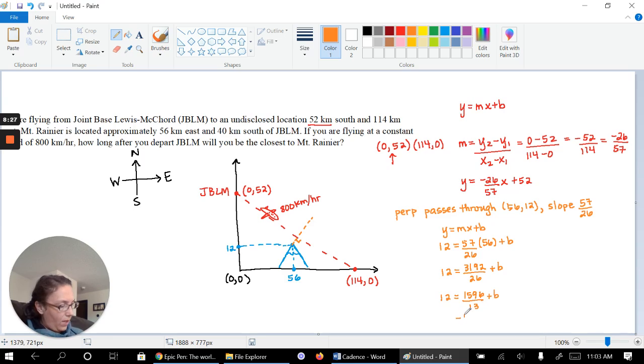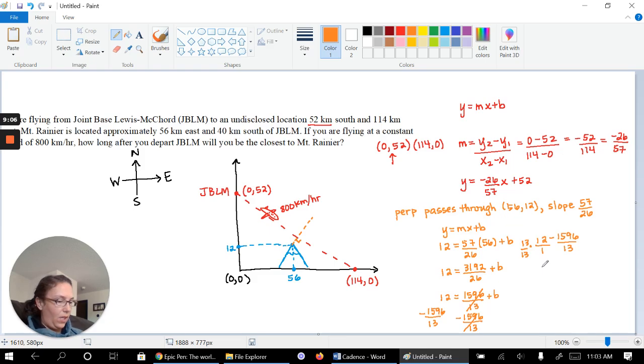And then we would subtract that fraction from both sides of the equation. So subtracting 1596 over 13. Okay, so we have that b is equal to 12 minus 1596 over 13. So over here I'm going to write that down, 12 minus 1596 over 13. Now in order to subtract these two, we need a common denominator. 12 has a denominator of 1, so I'm going to multiply 12 by 13 over 13.